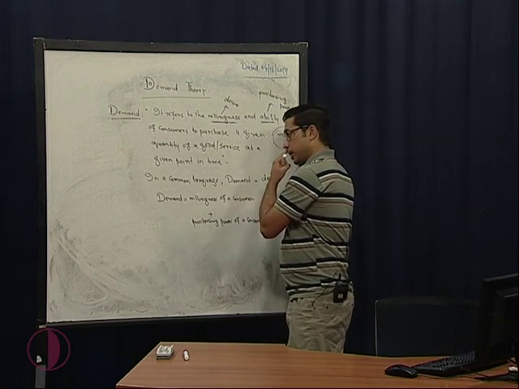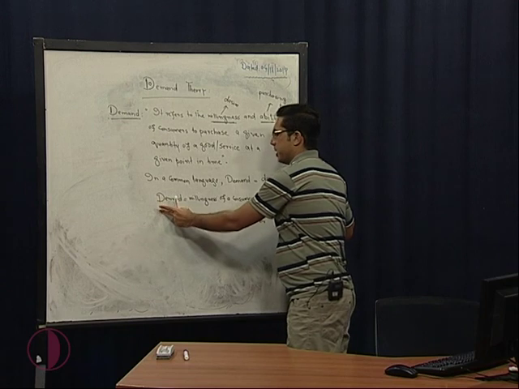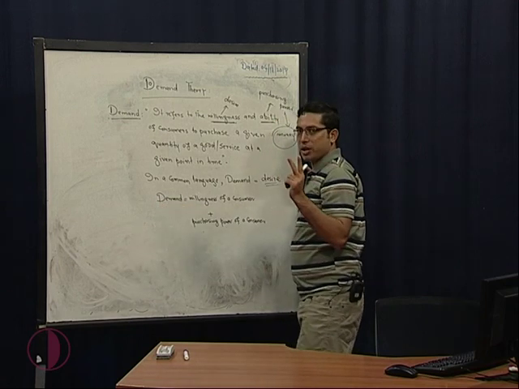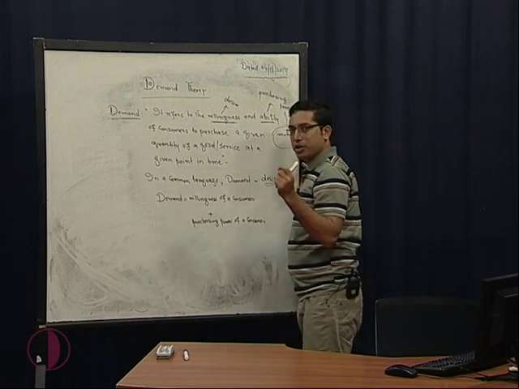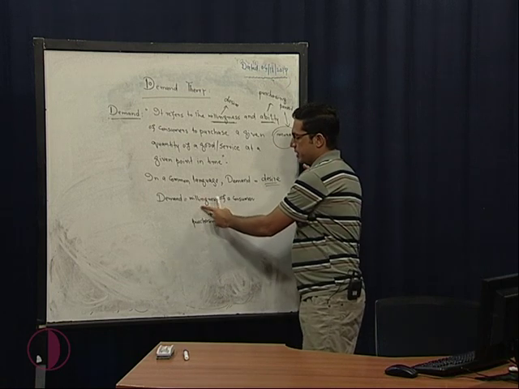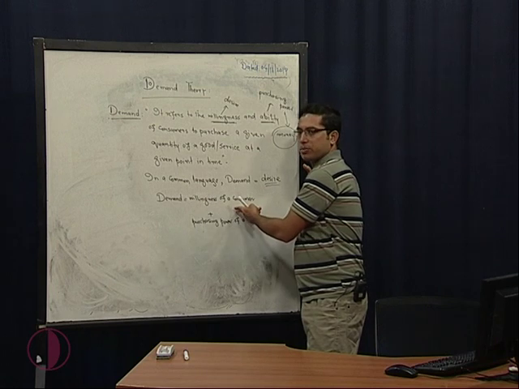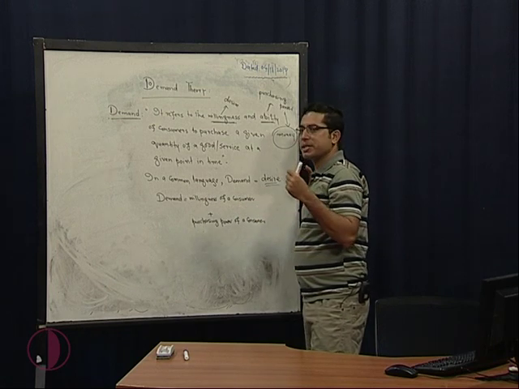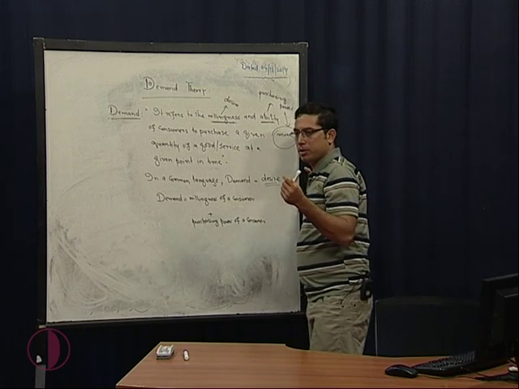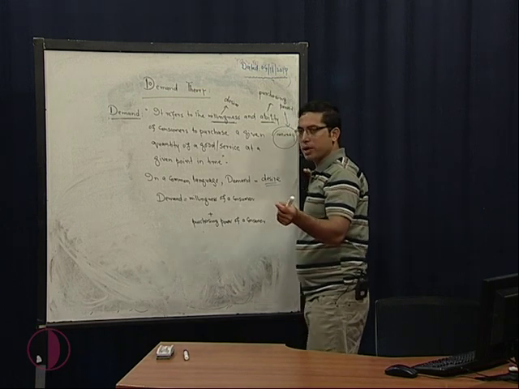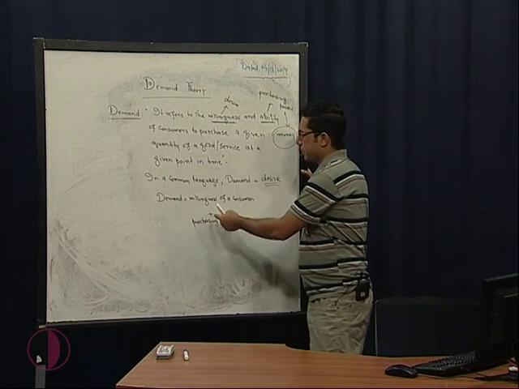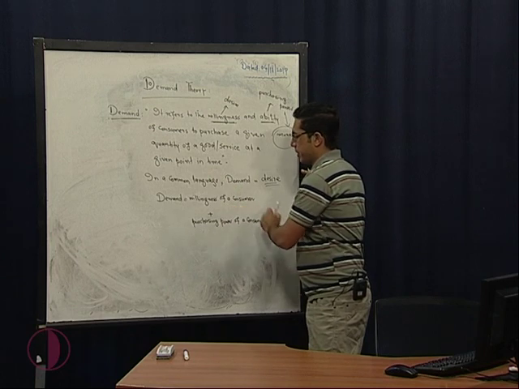It means that in economics, for a demand, there are two essential elements. The first one is willingness of a consumer, desire of a consumer. If the consumer desires to get a particular good or service, this is the first important element.